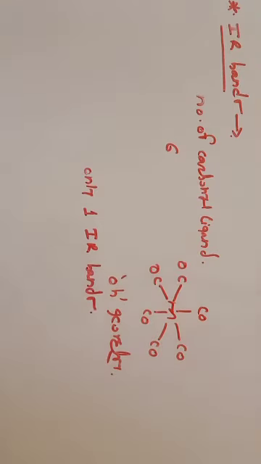So whenever there are 6 carbonyls attached to the metal atom, all these carbonyls are terminal carbonyls. All these carbonyls are equivalent, and we get only one IR band. So this is all about when the number of carbonyls is 6, the geometry is octahedron.